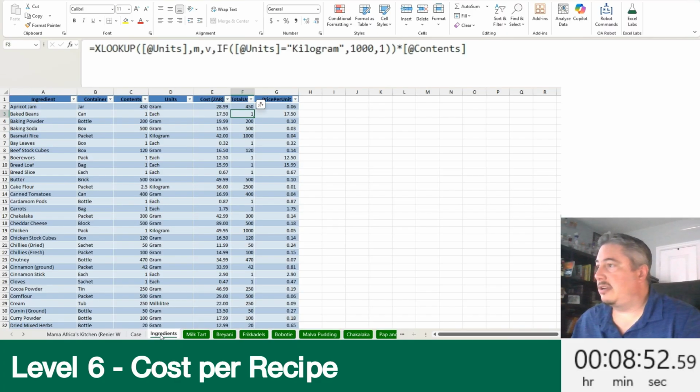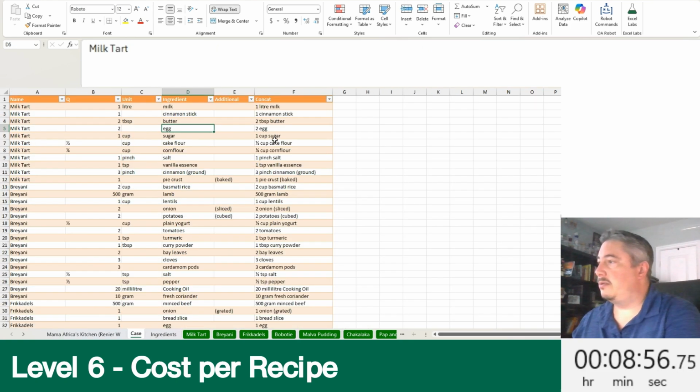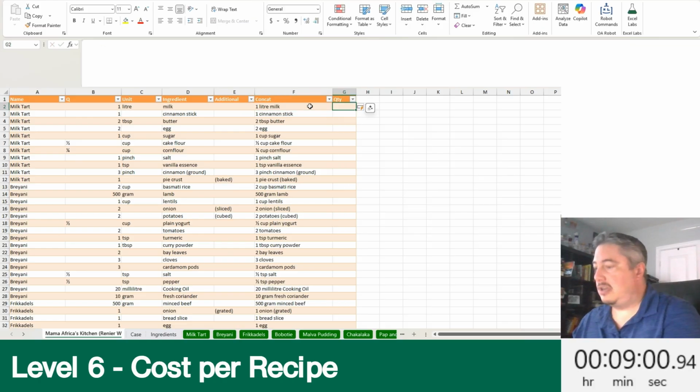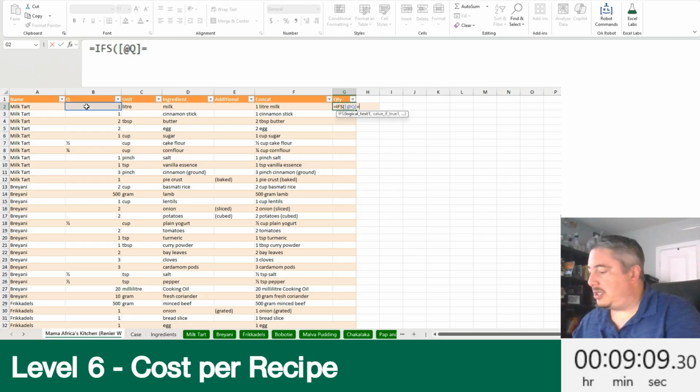So now we have to go back here and get the cost. So we'll do something similar. First, get the quantity by saying if this equals B7, that's the half, 0.5.